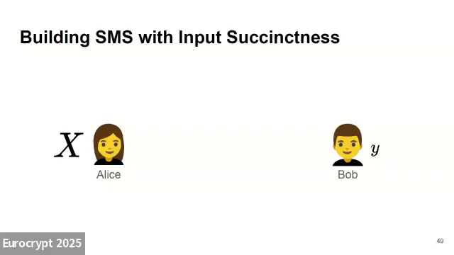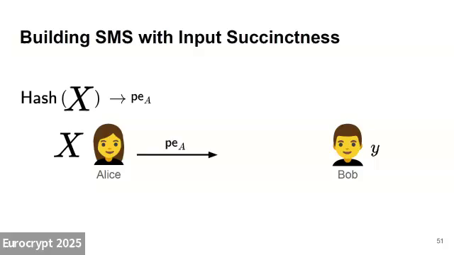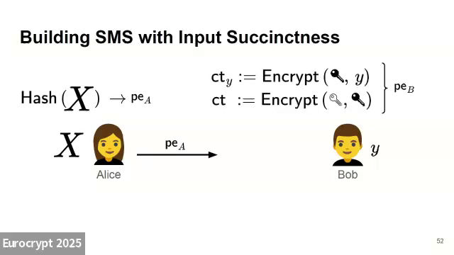So the main idea is we're going to have Alice somehow hash her input into a public encoding that she will send to Bob. And Bob, on his end, will encrypt his input Y with an FHE secret key, which I'll denote as the black key here. And then he will encrypt the FHE key with a different key to derive this ciphertext CT.